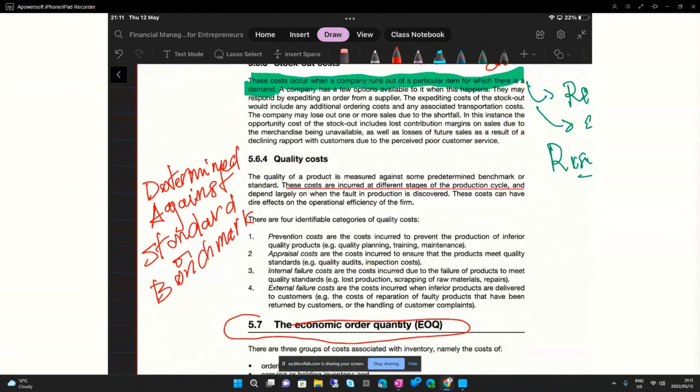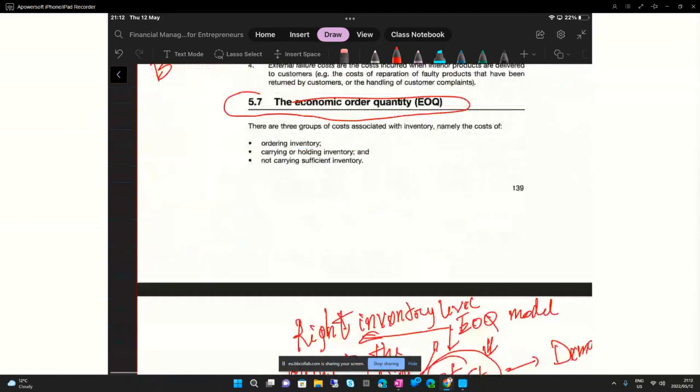Quality cost, obviously, like I was saying, these costs need to be determined against a standard or a benchmark. So when we are not meeting the standard and the benchmark, there are costs that will result. And there are 4 identifiable categories of these quality costs, which will be prevention costs, appraisal cost, internal failure, and external failure cost. You can read the definition. But the whole point here was just to come to the calculation.